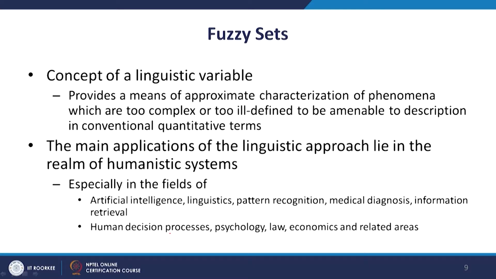These are some of the more technology oriented domains where the linguistic approach can be applied. Then we can talk about human decision processes, psychology, law, economics, and other related areas where this linguistic approach can actually be used.